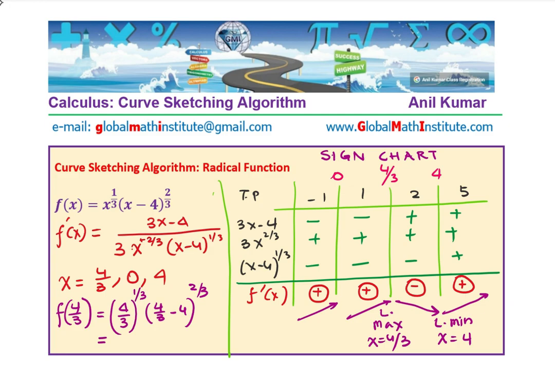So when I calculate this value, I get approximately 2.11. 2.1 we can write, right? So that becomes the maximum value. And we know at 4 it is 0, right? So this point we know, right? So we have one critical point, which is the local maximum.